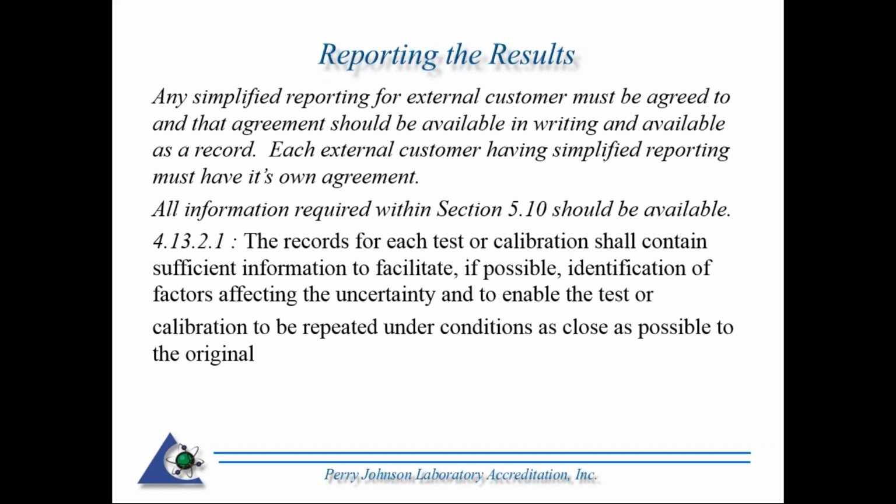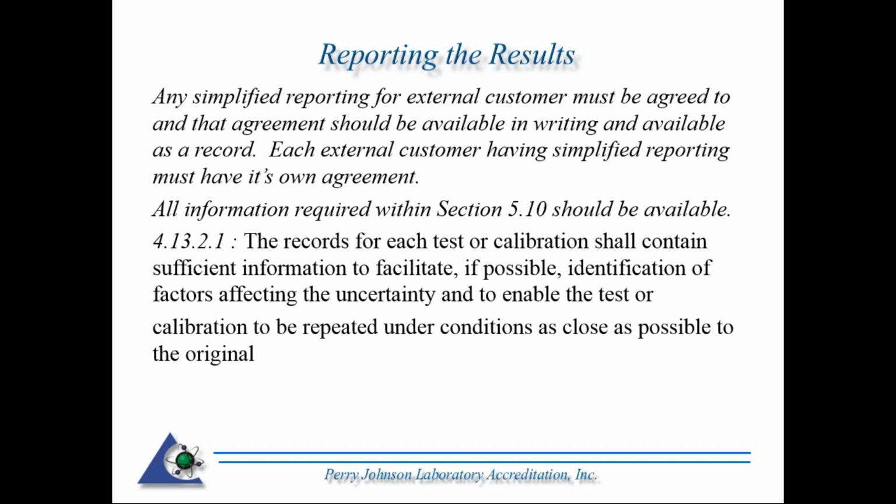All the information, even though it may not be provided on the report, should be available. Going to resort to a section in records here, 4.13.2.1. We did a webinar on records not that long ago. We went over technical and quality records. 4.13.2.1 for records specifies that records for each calibration shall contain sufficient information to facilitate, if possible, identification of factors affecting the uncertainty and to enable the test or calibration to be repeated under conditions as close as possible to the original.